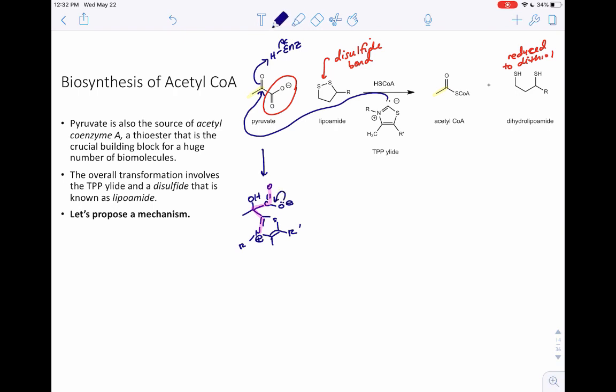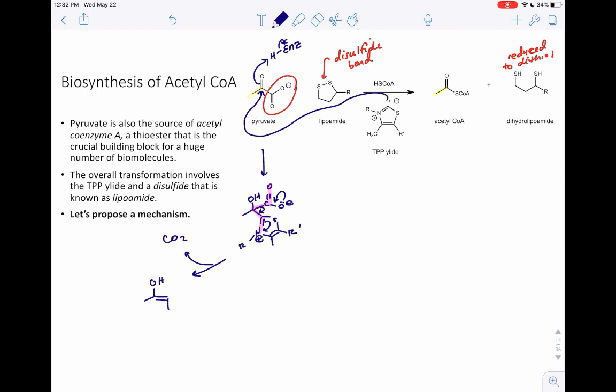So the electrons come down, make the double bond of carbon dioxide. These electrons slide over, and the nitrogen accepts them. So that generates the CO2 waste product.